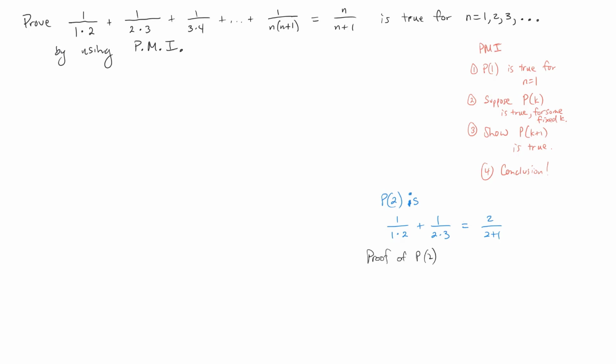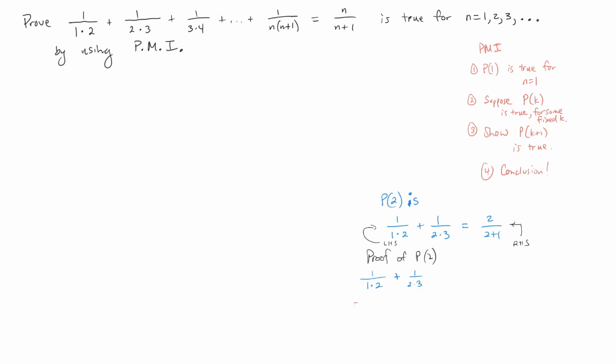And the way you prove an identity, you take the left-hand side and you want to show that, in fact, it is indeed the right-hand side. And there's some work involved here. So let's start with the left-hand side. 1 over 1 times 2 plus 1 over 2 times 3. You cannot skip that step. You must write the left-hand side exactly once.